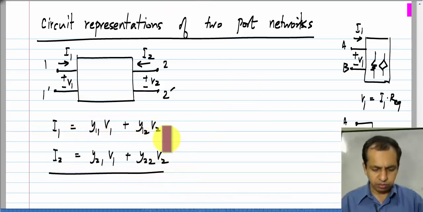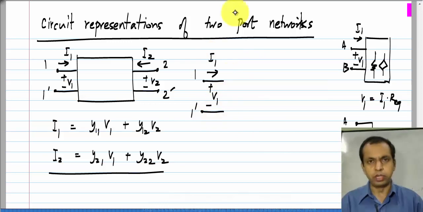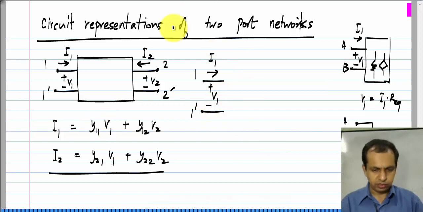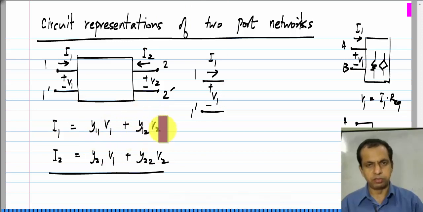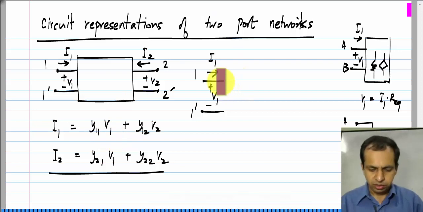So, for each of these terms there will be a corresponding element. So, let us say this is port 1, we have V1 across it. The current flowing into port 1 is a sum of two parts, y11 times V1 plus y12 times V2. First let us look at this y11 times V1. Okay.